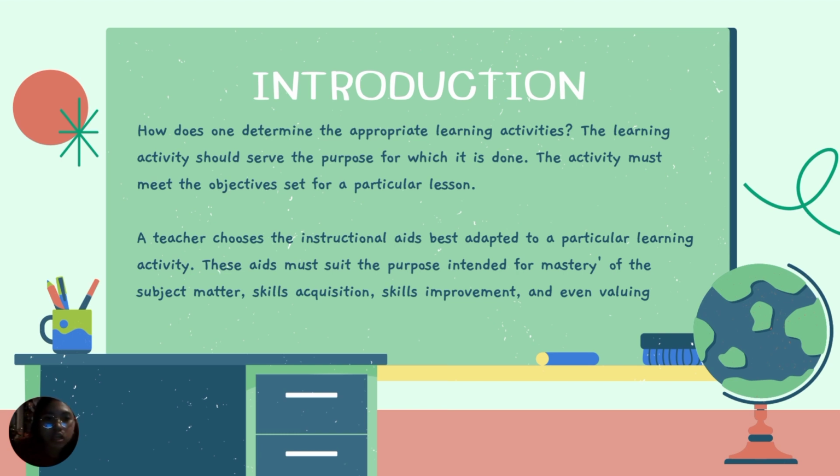And second, we have criteria, of course. We have standards on choosing the appropriate learning activities because we are able to give them to our students, like criteria that must be suited, that must be aligned, that must be the best activities for the students.